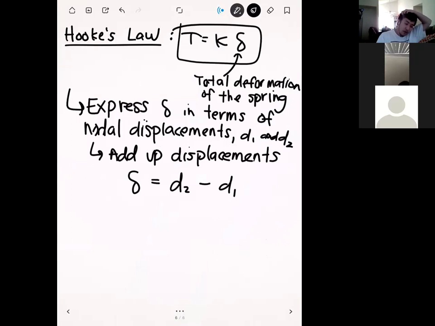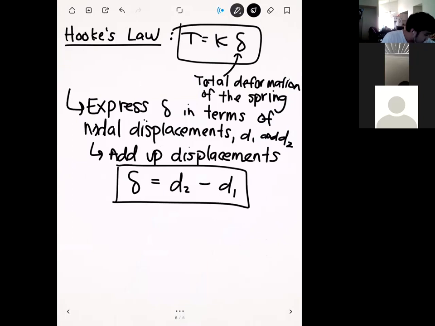Notice that I used a minus D1 there because D1 is going to the left, so it's going to be negative. And if we plug that back into the expression up there, what we get is T is equal to K times (D2 minus D1).